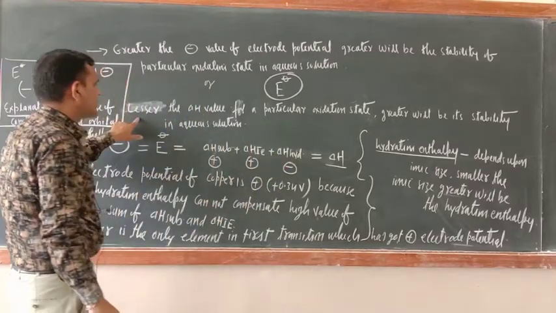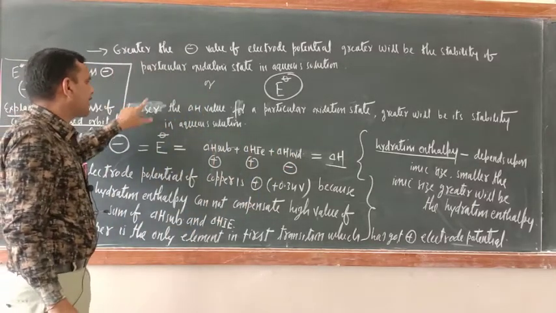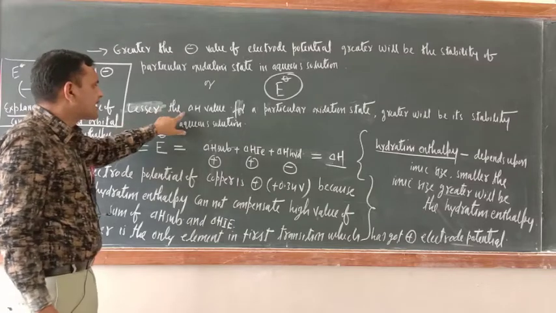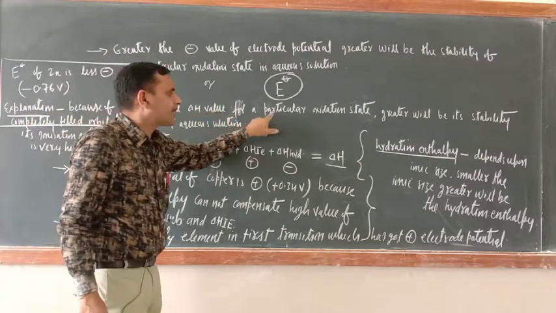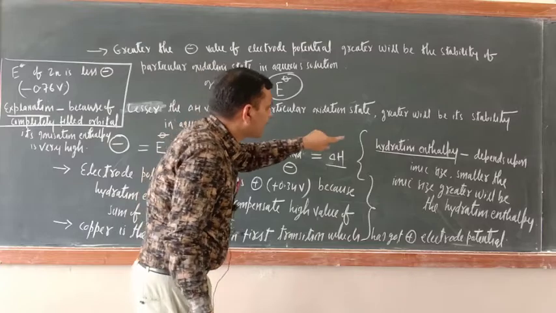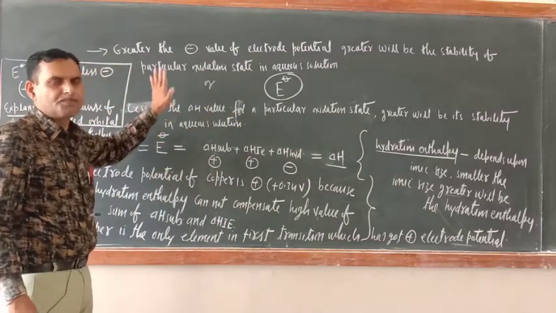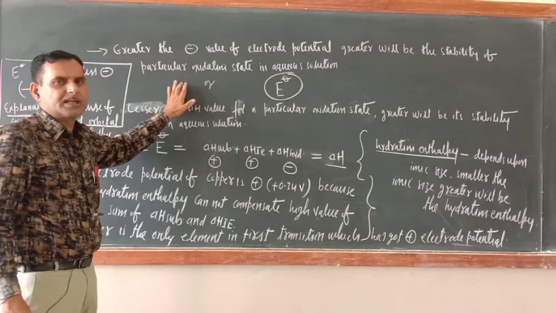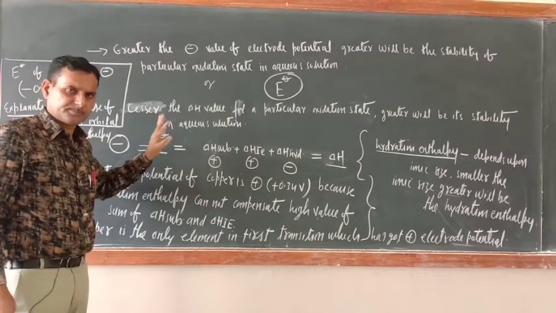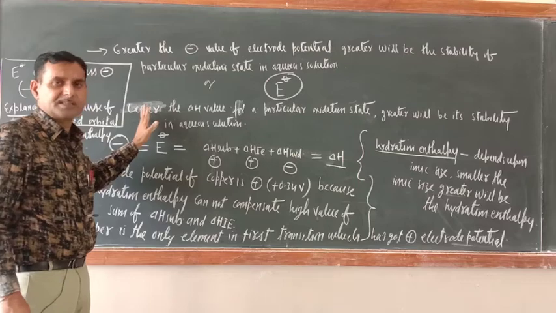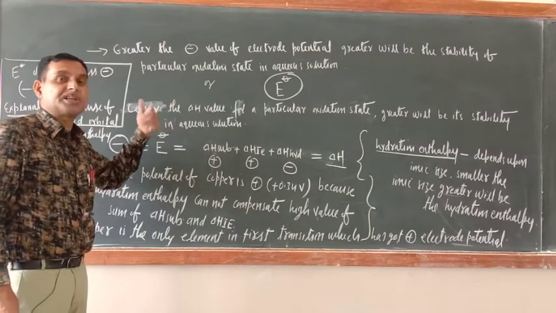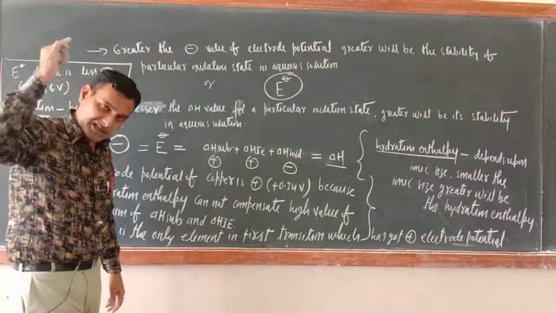So the same statement can be written like this also: lesser the delta H value for a particular oxidation state, greater will be its stability in an aqueous solution. Both things are the same. You can determine this in terms of electrode potential, and you can determine it on the basis of overall enthalpy change. Delta H is the overall enthalpy change.